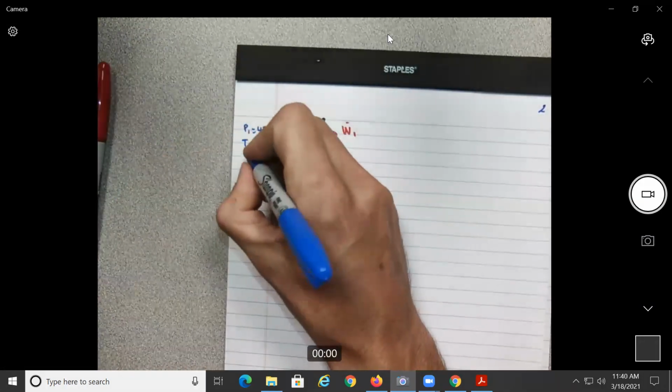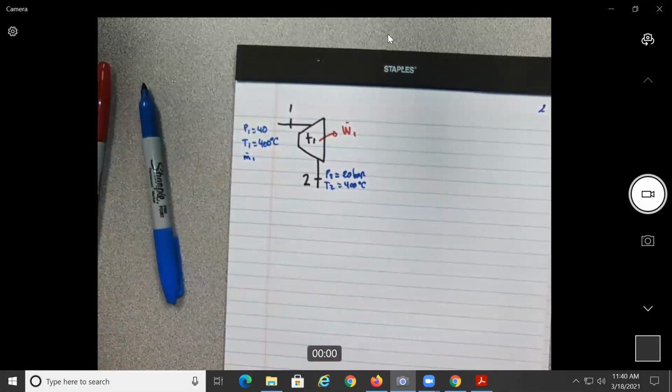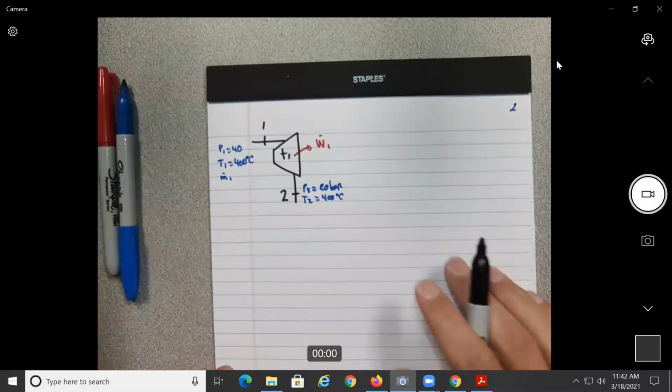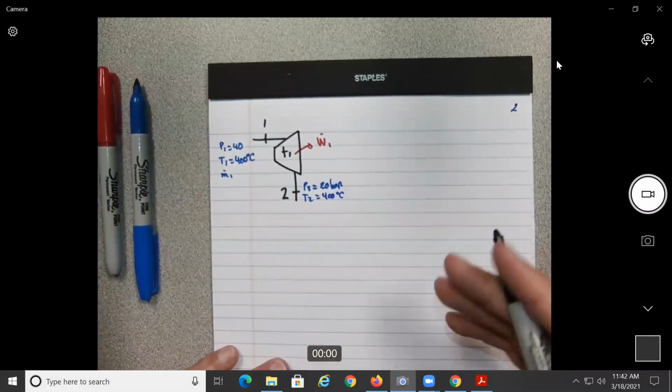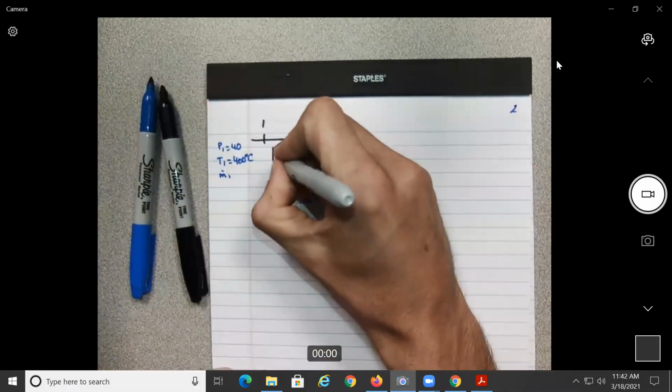We don't know M1, but we can find it easily, okay? All right, so if we do it this way, you're going to apply now the first principle to this control volume. So let's say here, this control volume here.